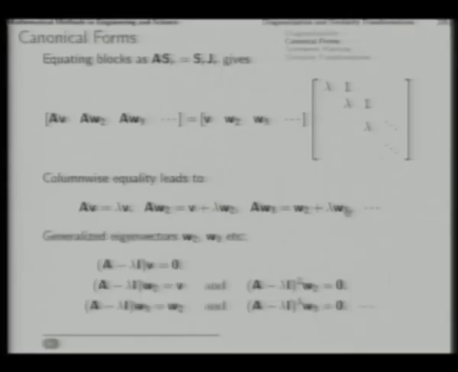From here, the first one is already familiar to us. This is from where we determined the eigenvalues. Then the eigenvector we determined from this equation. Once eigenvector V is determined, the next generalized eigenvector, that is the first generalized eigenvector actually, immediately after the eigenvector, will be found as A minus lambda I into W2 equal to V. Once W2 is found, we can find W3 from this relationship, and so on, as there are a number of columns in S_R.